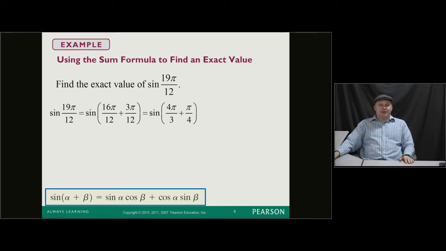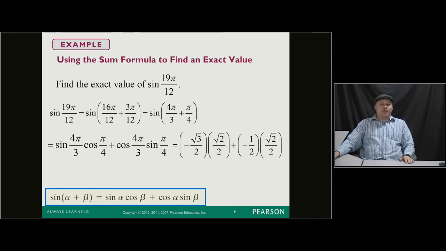So you're going to break this up using the sum formula for sine. It's going to be the sine of the first, sine of 4 pi over 3, times cosine of the second, cosine of pi over 4, plus cosine of the first, cosine of 4 pi over 3, times the sine of the second, sine of pi over 4. And then you just have to evaluate these. We've done all four of these at one time or another.